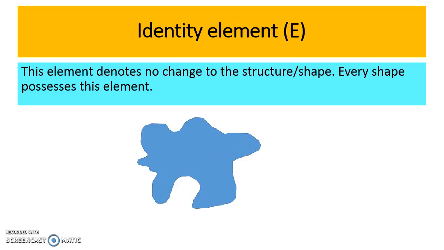Every shape possesses this element. Though this might appear to be very trivial, this is very important as far as the collection of symmetry elements is concerned and various operations of symmetry elements with respect to one another is concerned. It is similar to number 1 in the case of multiplication.